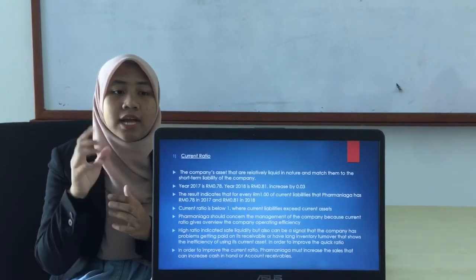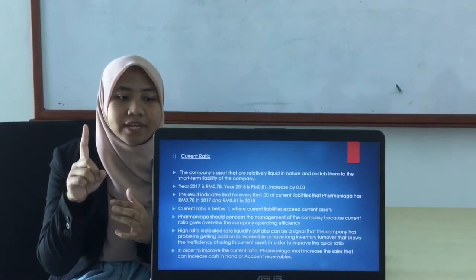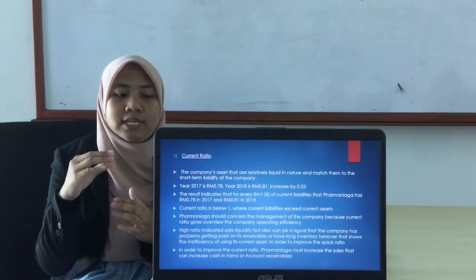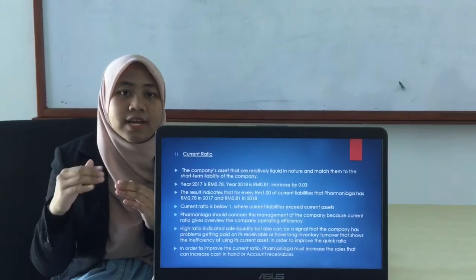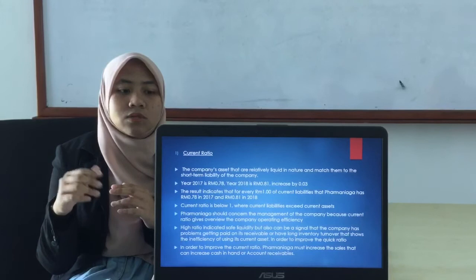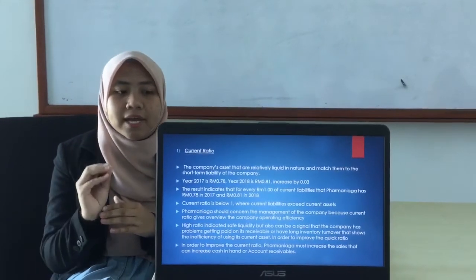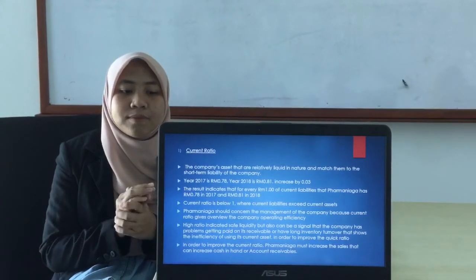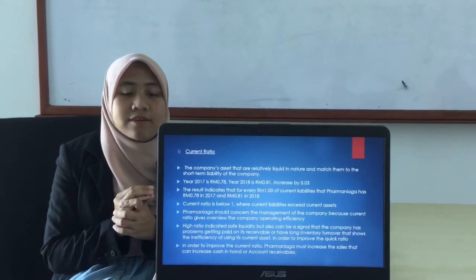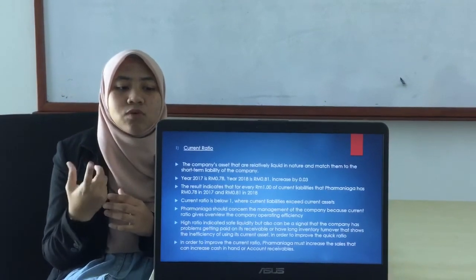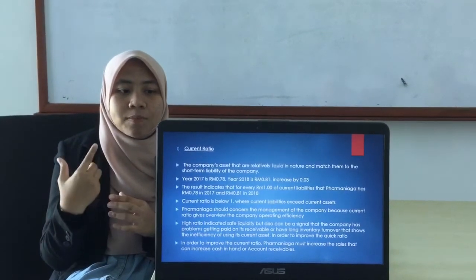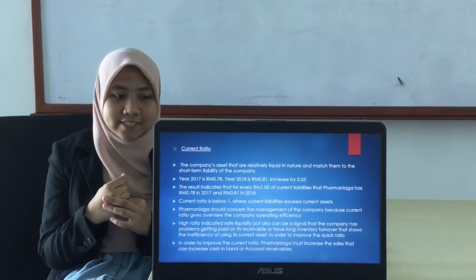The current ratio is below RM 1, so it shows that the current liabilities exceed the current assets. So Pharmaniaga must be concerned about the management of the company, because the current ratio gives an overview of the company's operating efficiency.